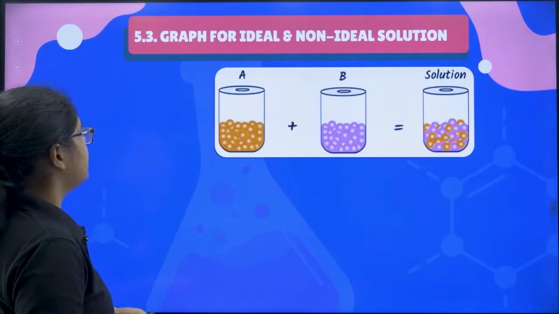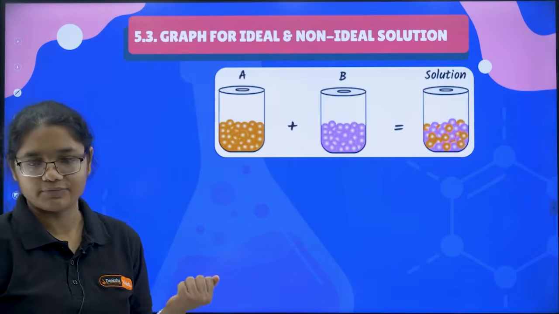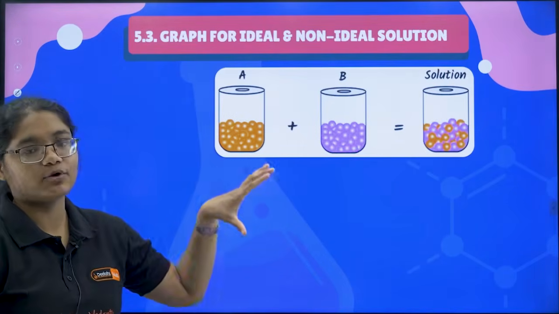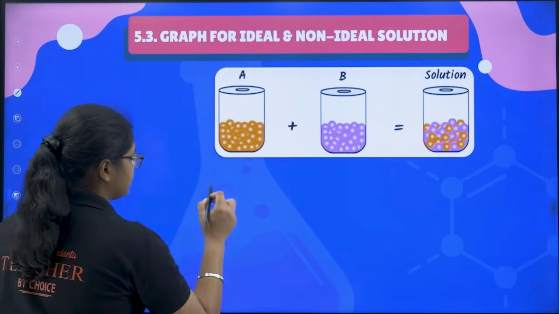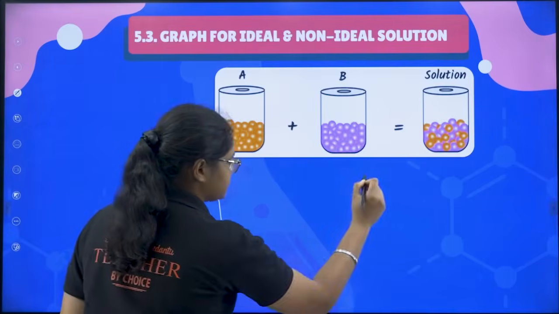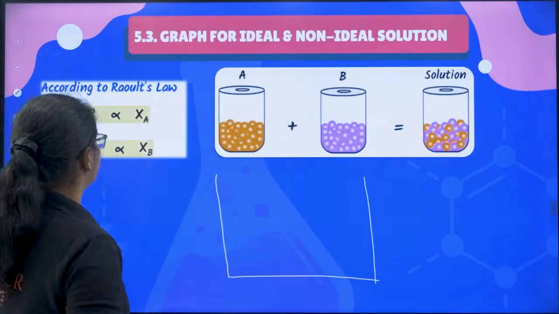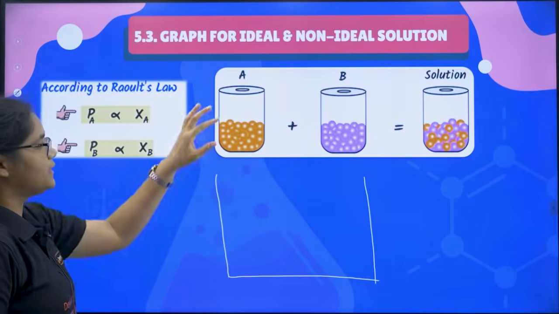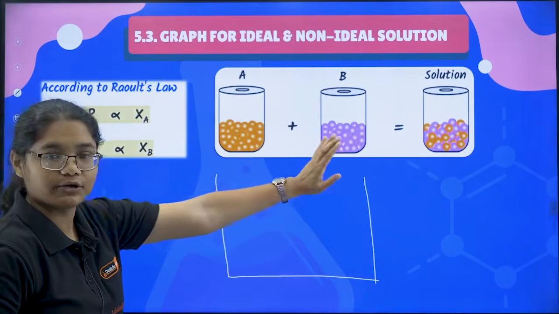Now we will see how to represent this in a graph, how to represent ideal and non-ideal solutions in graphical form. First, I'll tell you a basic thing. You have to draw like this. According to Raoult's law, the pressure of A is proportional to XA, and the pressure of B is proportional to XB.